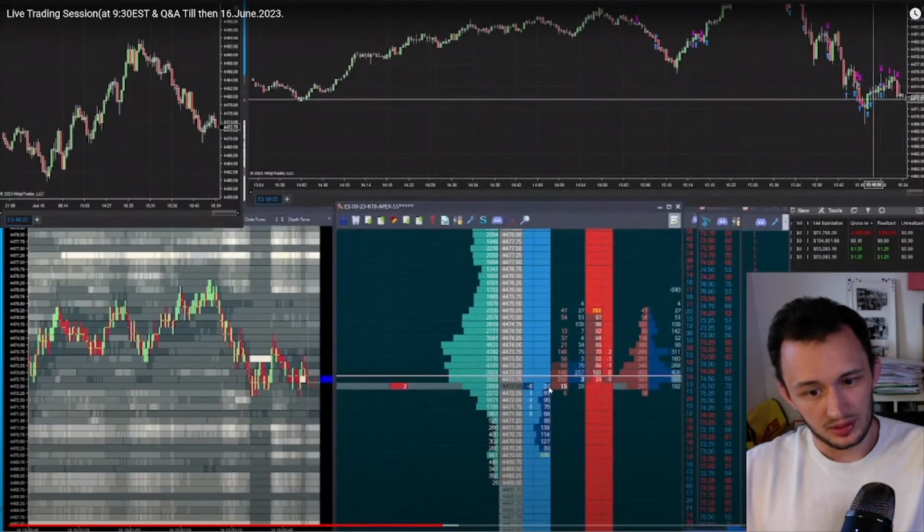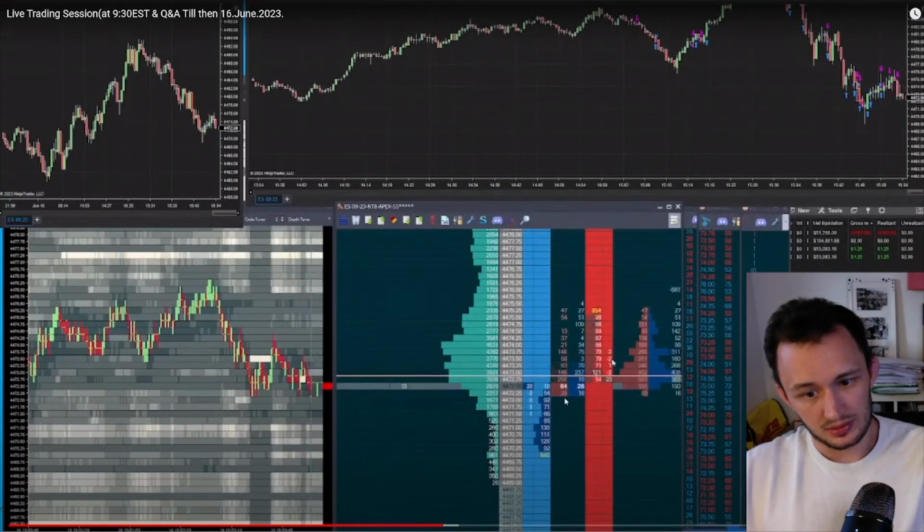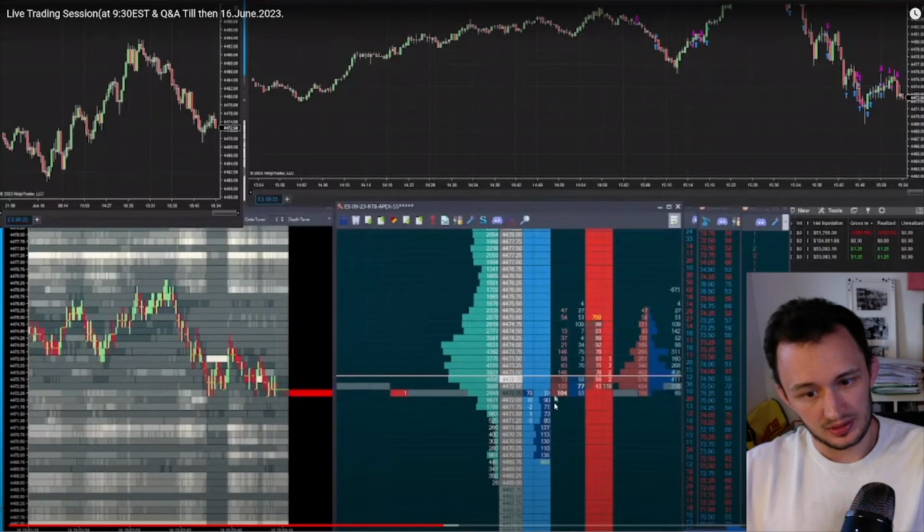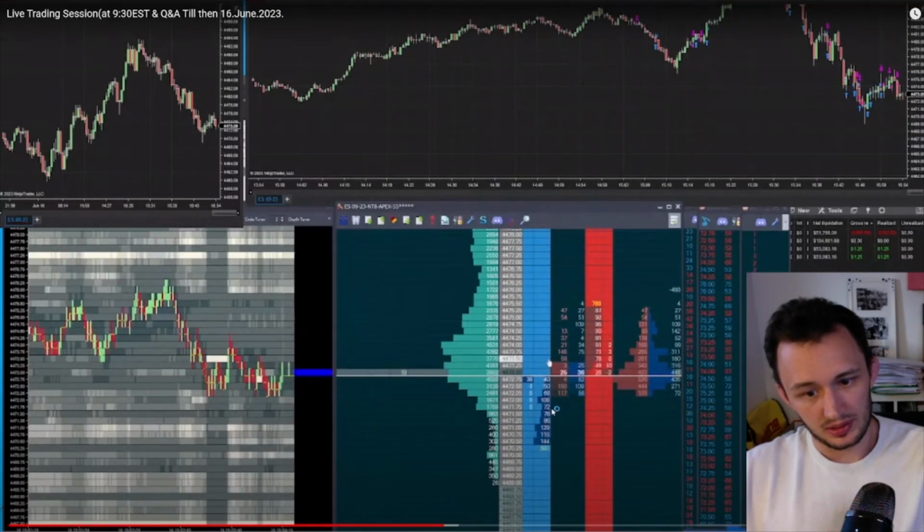We do find a strong bid here, so buyers are really interested, but they're not getting aggressive, they're just buying on the limit side here. So I don't really want to enter yet. I want to see them aggressively buying as well.